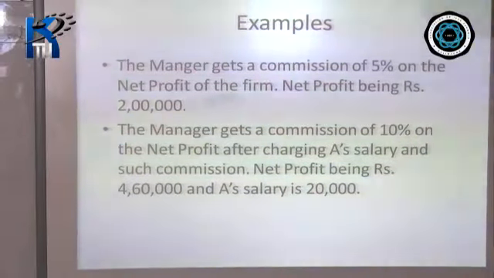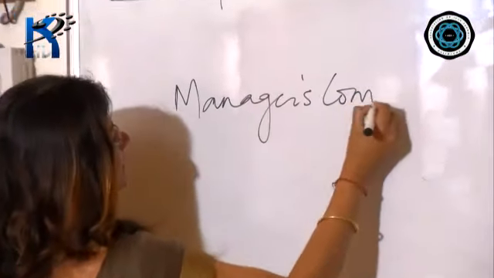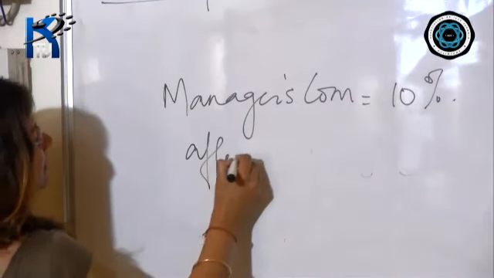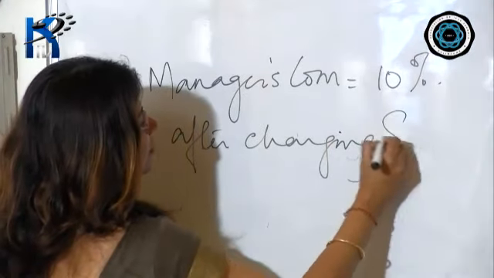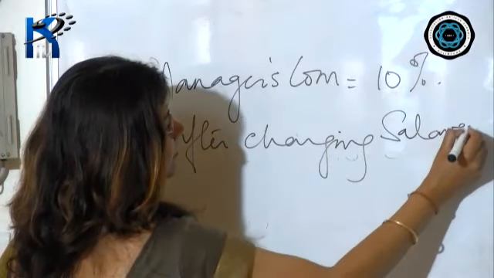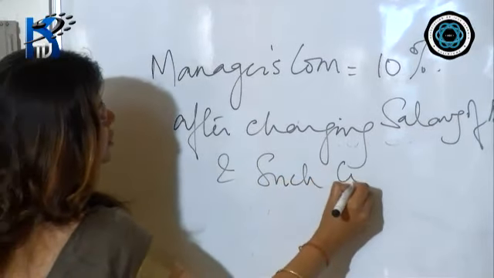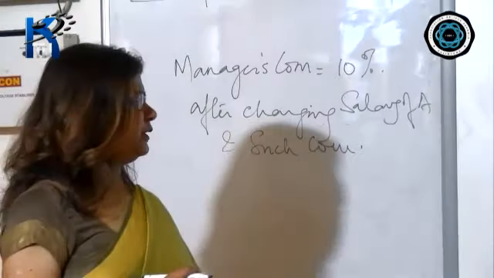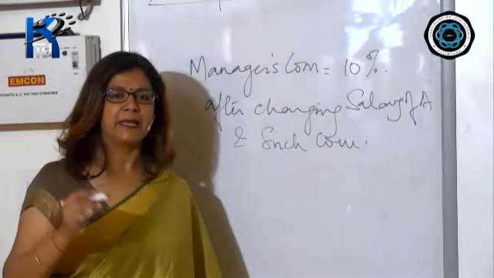So the manager gets a commission, the manager's commission is 10% after charging salary of A and such commission. Now the salary of A is very much there in the question. It is given to you, and the manager's commission you have to calculate.